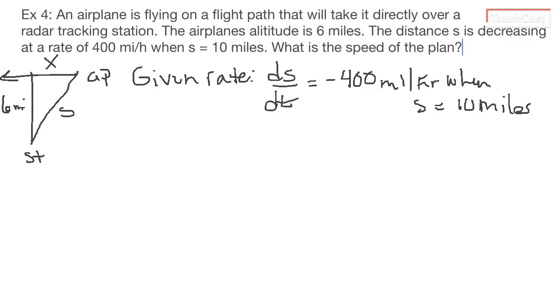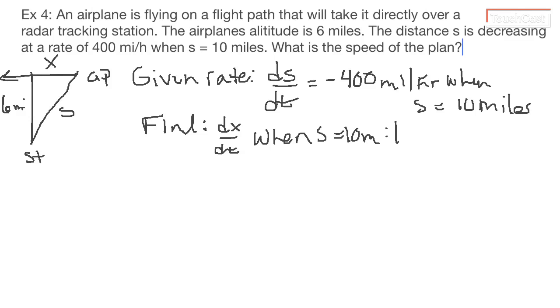What we need to find is the change in horizontal distance over time, because that's going to help us figure out the speed. Horizontal distance over time gives us speed when s is 10 miles. But we also need to figure out an x value.